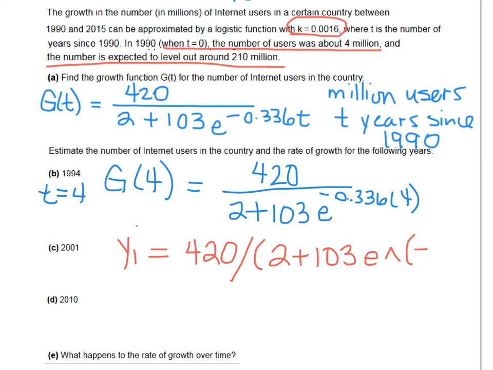Be sure and use a negative, not a subtraction sign, 0.336x, and close your parentheses. So that's what you're going to put in y1. So I'm going to pause for a second and enter that into my calculator.